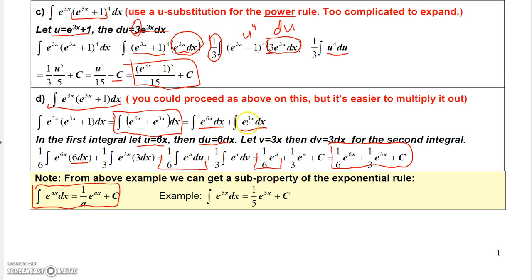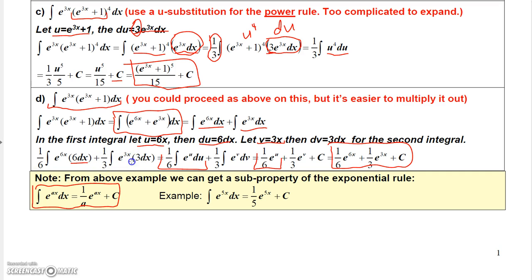And basically you could do the same thing for the second integral, but I chose v this time so it wouldn't be confused with the same variable. So you could let v equal 3x, and then dv would be 3 dx. And so I did the same thing here.